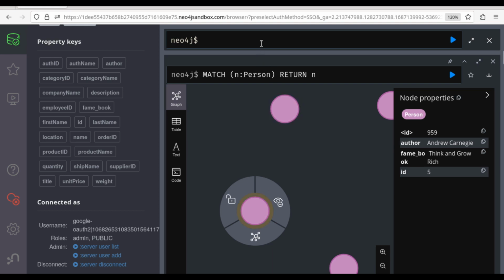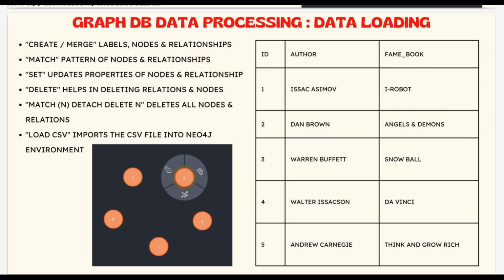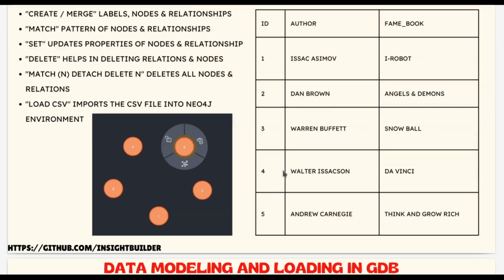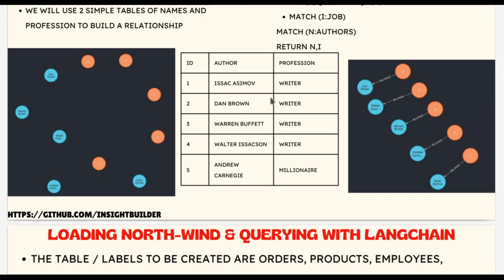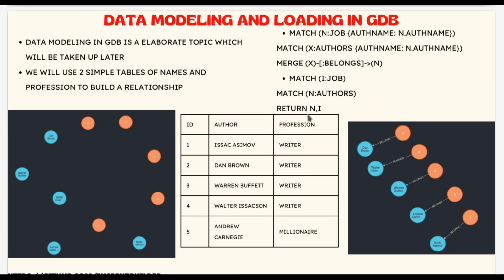All we did was use this load CSV, create person, and set x equal to row. Let me go back to the PDF. Like this you can import the other data also.